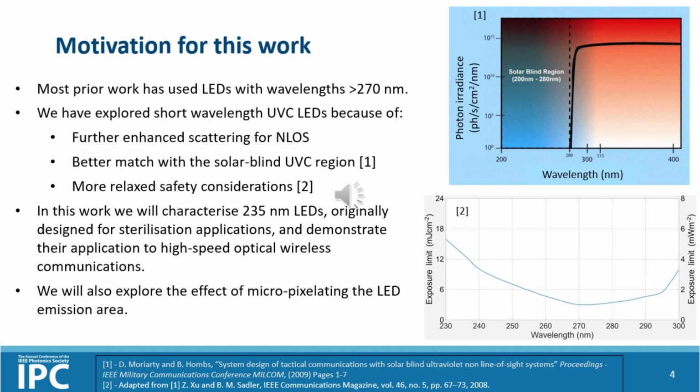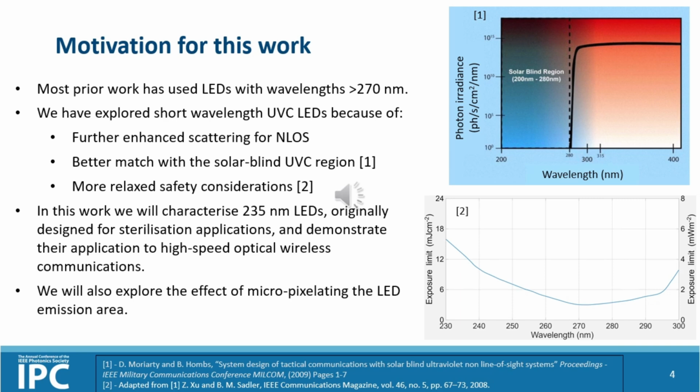Now, most prior work in using ultraviolet LEDs for optical wireless communication has been with LEDs with wavelengths of 270 nanometers or longer. Here we want to explore the use of shorter wavelength UVC LEDs for several reasons.